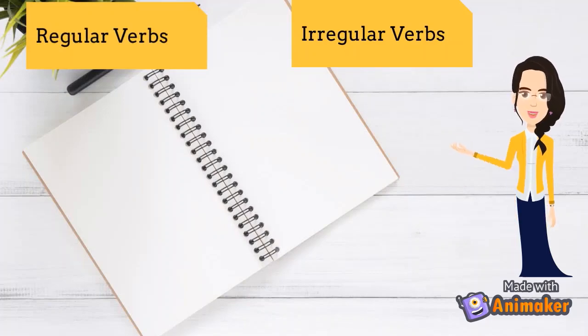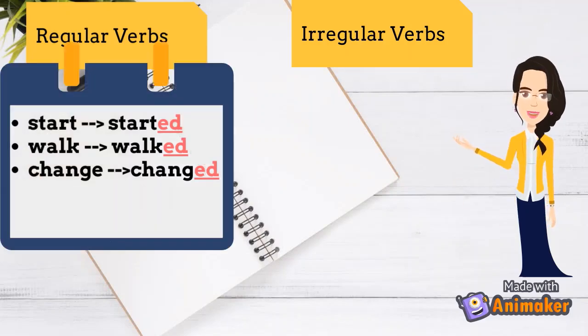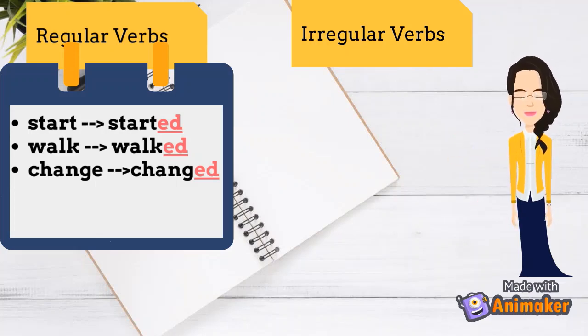Well, regular verbs are the ones in past tense that end with D or ED. For example, start becomes started. Walk becomes walked. Change becomes changed. In the irregular cases, sometimes the verb changes a little bit, or sometimes it changes completely.